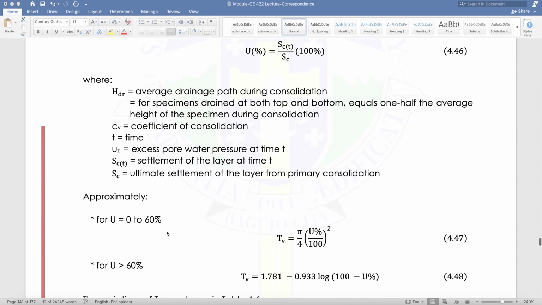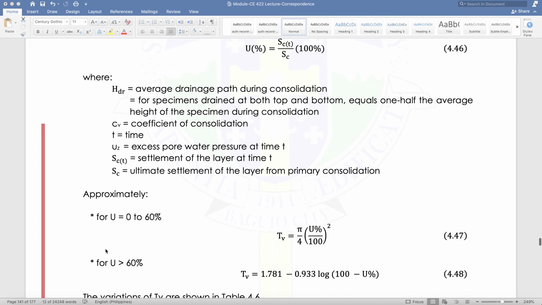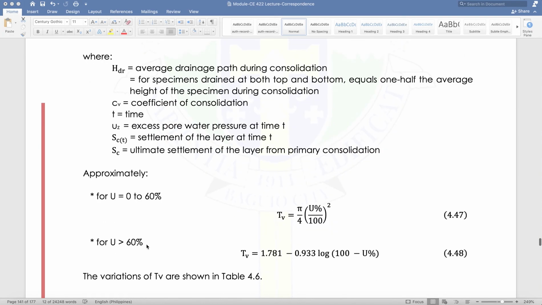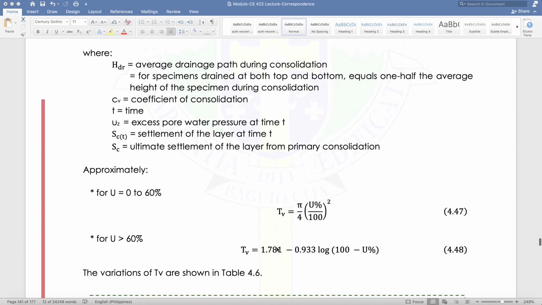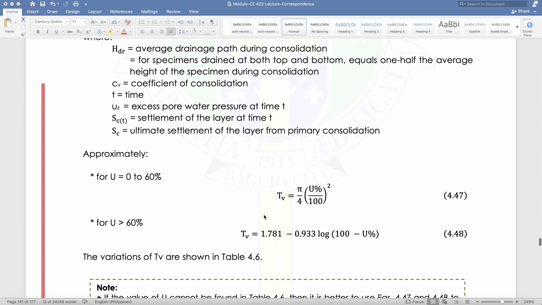Okay, now, approximately, if U is 0 to 60%, therefore, time factor Tv is equivalent to pi over 4 times U divided by 100, quantity squared. But if your U is greater than 60%, therefore, time factor Tv is equivalent to 1.781 minus 0.933 logarithm of 100 minus U. So be careful with our U here.